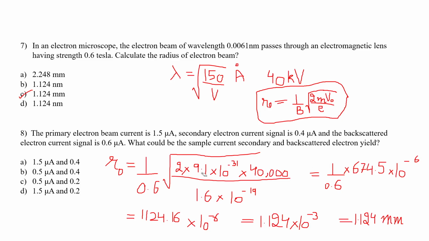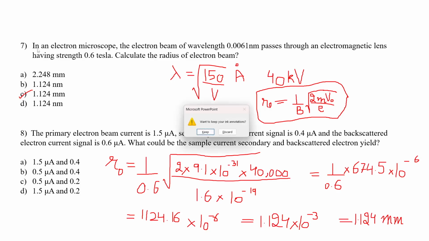Solving this under root term, you get 674.5 into 10 raised to power minus 6, and dividing 674.5 by 0.6 you get 1124.16 into 10 raised to power minus 6. By moving the decimal after 1, you get 1.124 into 10 raised to power minus 3, which is 1.124 and the unit changes from meter to millimeter. So option C will be the correct answer for this question.